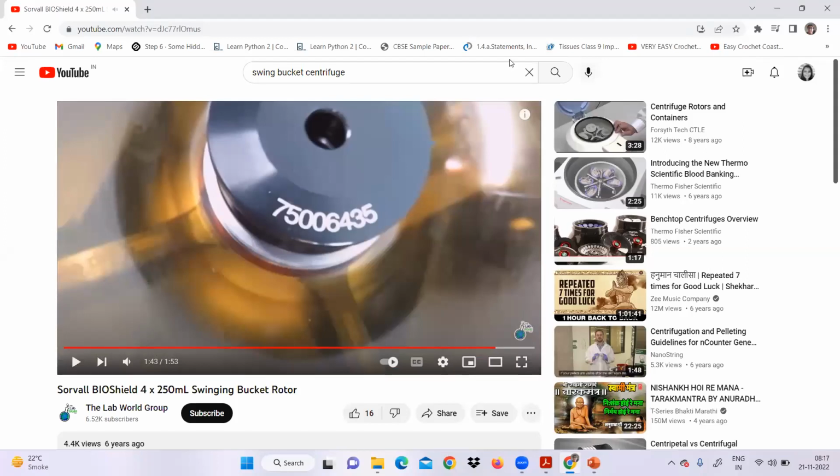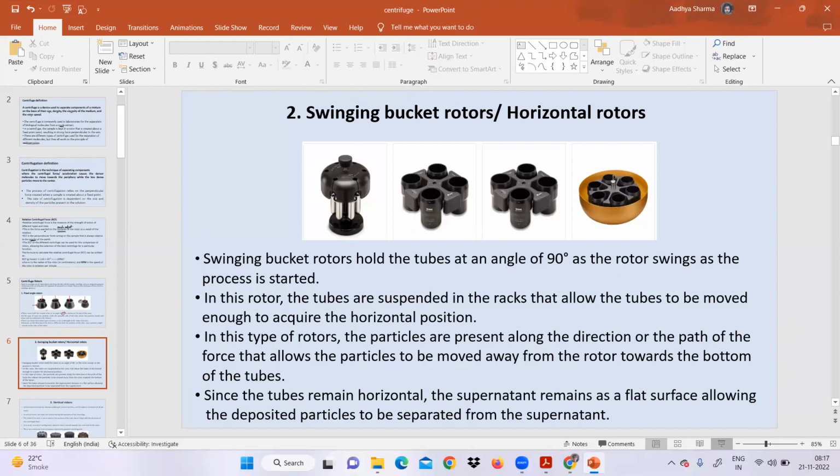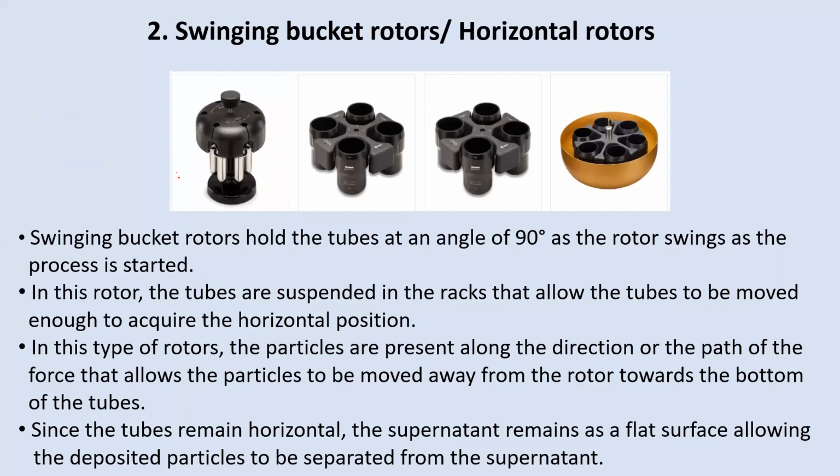There's a lot of updation in these equipments. So you will see sometimes the swinging bucket can look like the first one. So this is also a swinging bucket. This also is a swinging bucket. We just saw something similar to this.